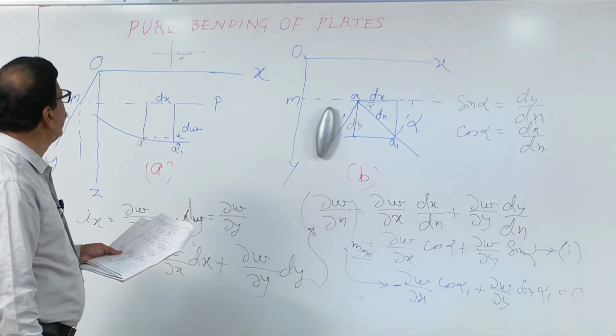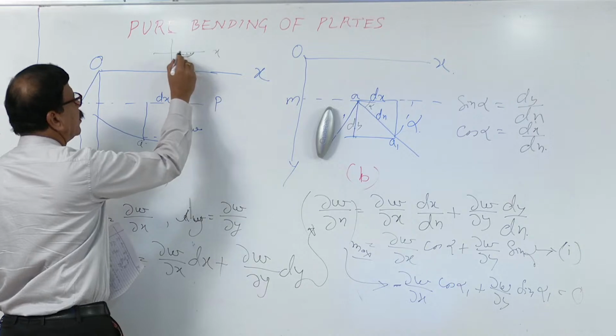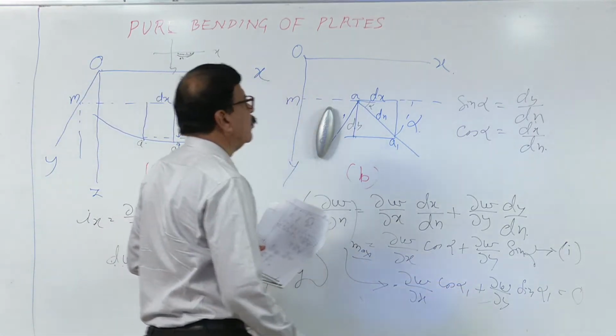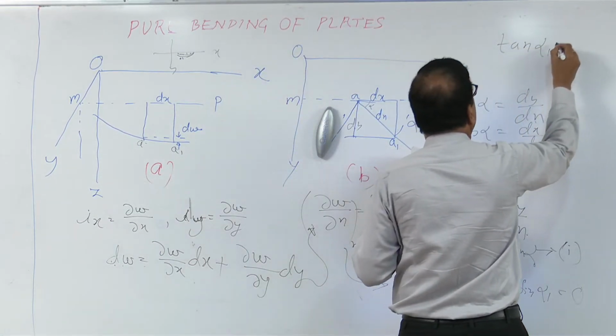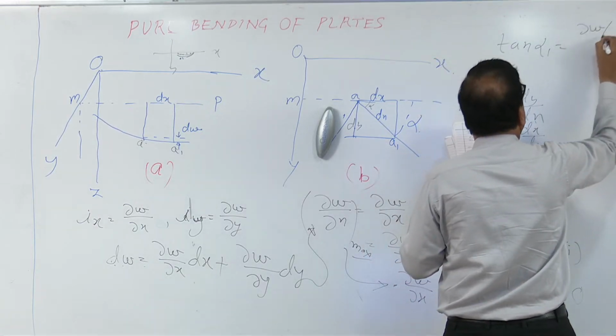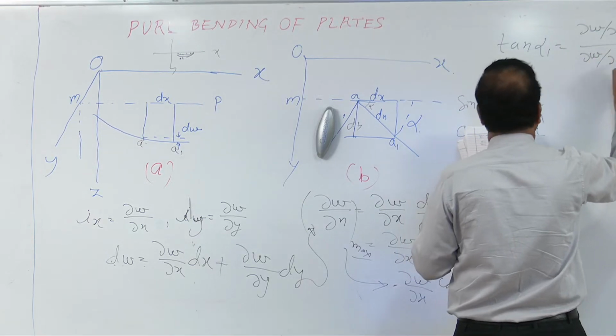If it is x, this is y, then y is minus. So, from here tan alpha 1 is equal to del W upon del Y upon del W upon del X.